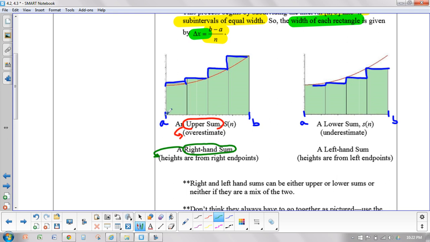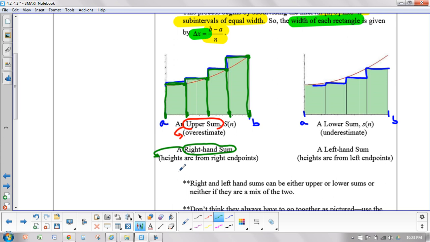So if I look at from here to here to here to here to here as my divisions, and I need to make a rectangle each time, the rectangle for the first one comes from the height on the right side. The rectangle for the second one comes from the height on the right side. The rectangle for the third one comes from the height on the right side. And the rectangle for this last one comes from the height being on the right side.